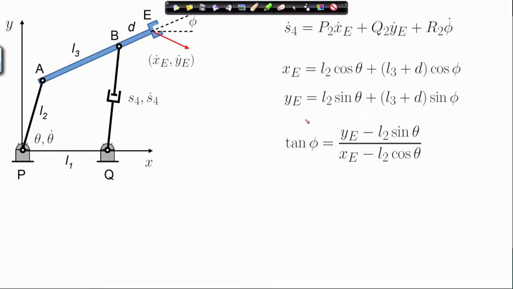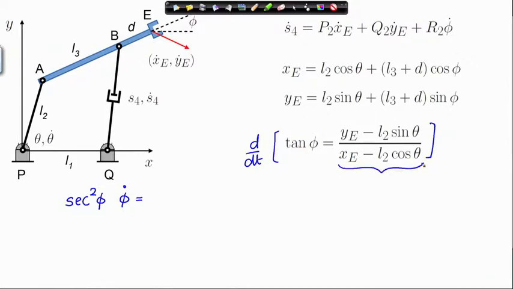Now, if I differentiate with respect to time, I have secant square phi into phi dot is equal to the time derivative of the right hand side of this ratio.